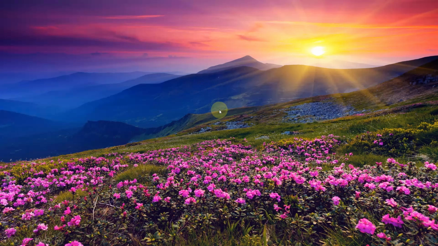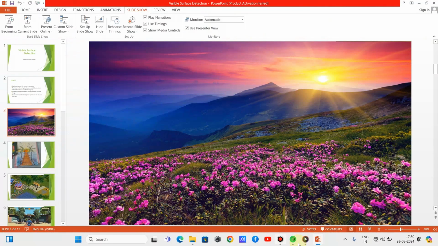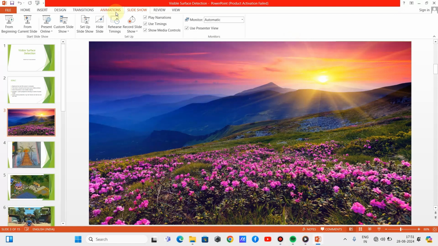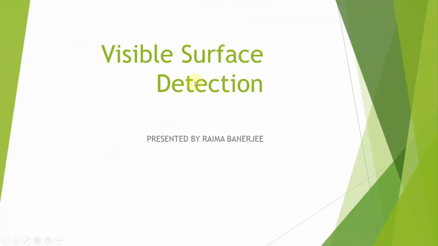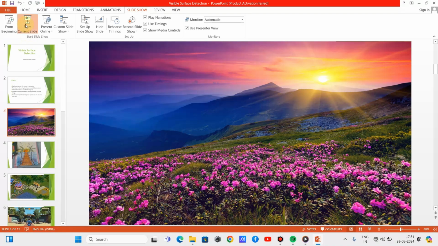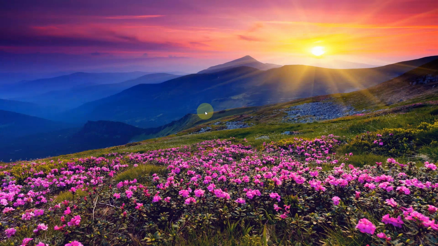In order to produce a realistic looking digital image by computer, it is necessary to specify which surfaces are hidden and which surfaces are visible.